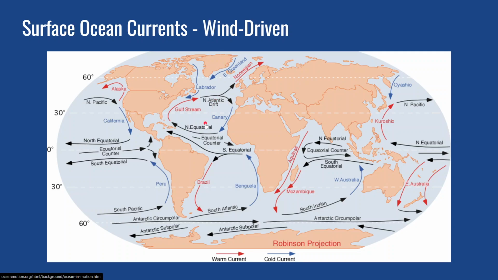And you can see that this creates a predictable pattern around the Earth, where anytime you get sort of these circulations of water, the warm current is always on the left, and the cold current is always on the right, or I should say, rather, the cold current is to the east, and the warm current is to the west.